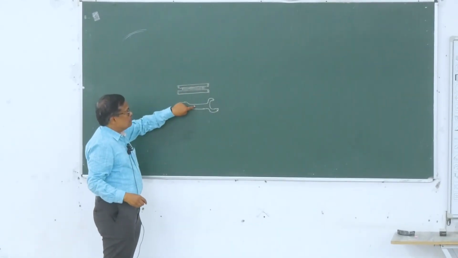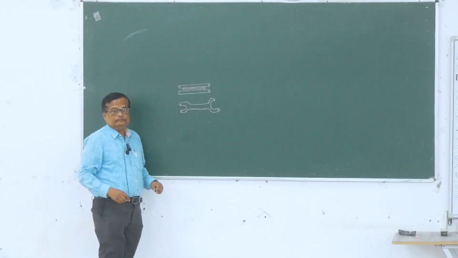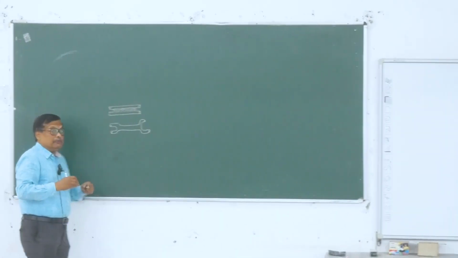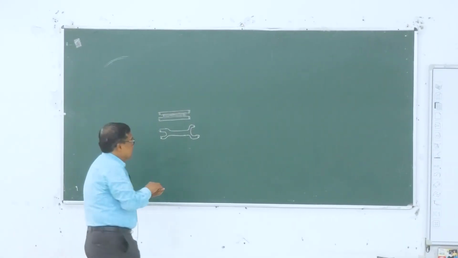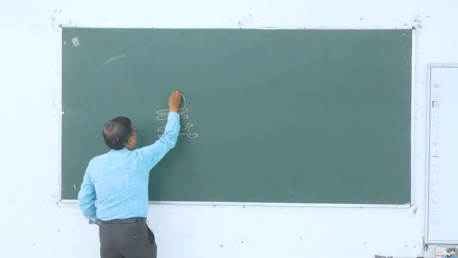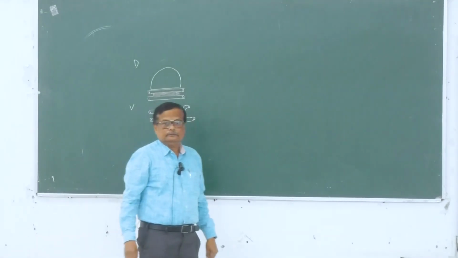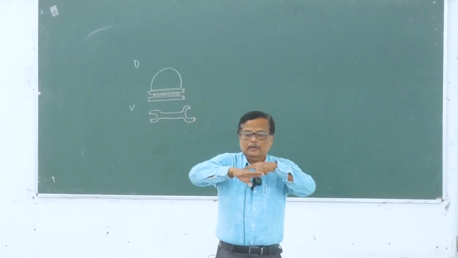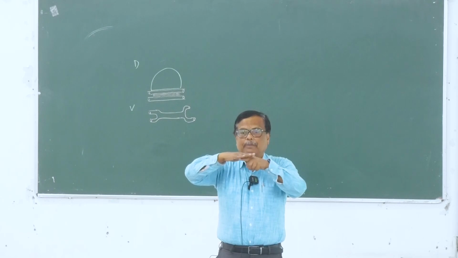So two heart tubes joined together to form a single tube, but the extreme ends remain separated. Before folding of the head fold of the embryo, the pericardial cavity is dorsal. Look, after head fold, this is the dorsum of the hand, this is the palm.